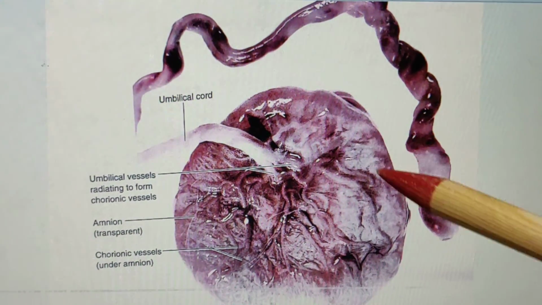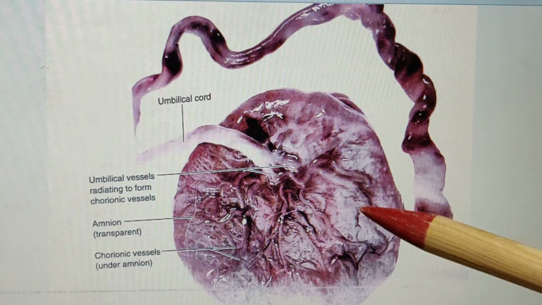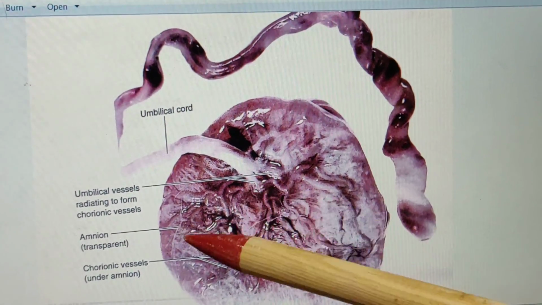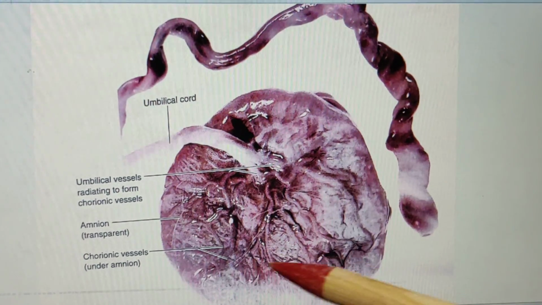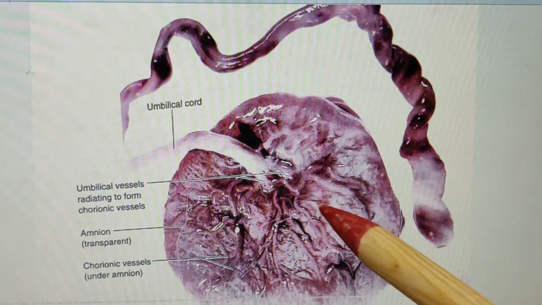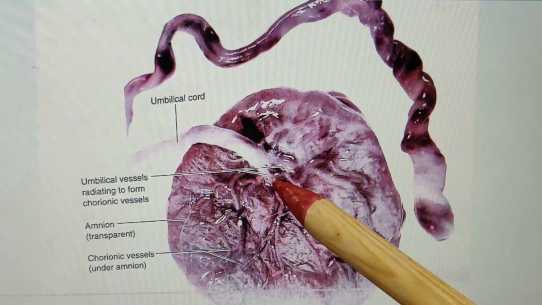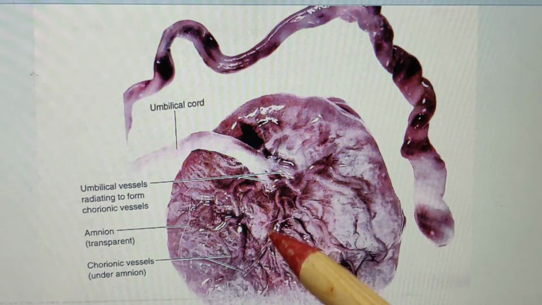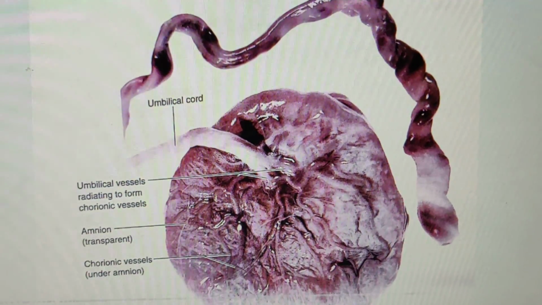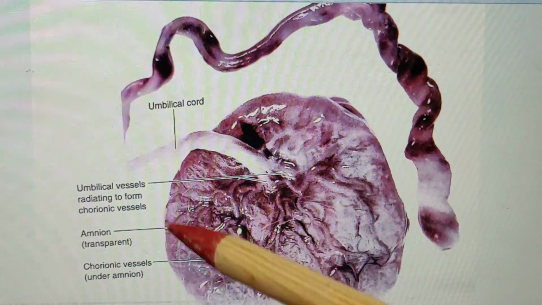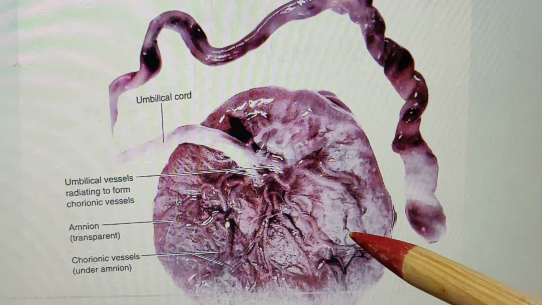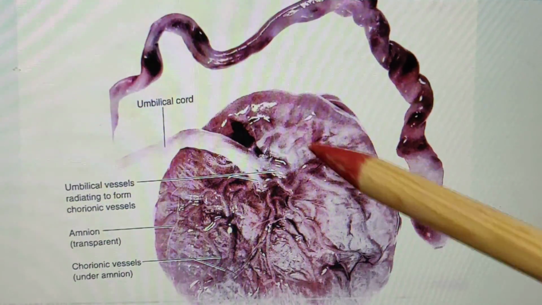Then look at this surface. This surface is transparent, shiny and smooth. If you look closely at this diagram, you will see the radiating chorionic vessels. So this is the characteristic feature of the fetal surface of the full term placenta.